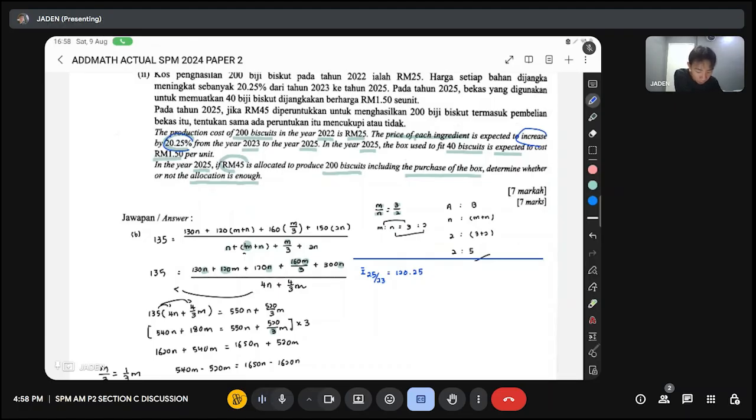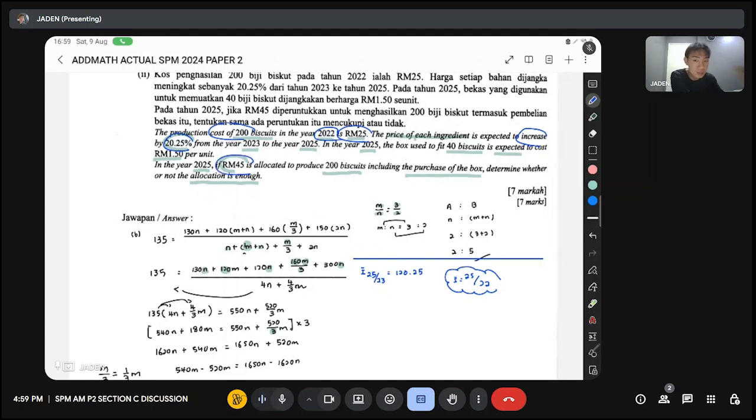The next thing is they are asking me whether the allocation is enough, right? I actually have to go and find out what is the 2025 based on 2022 composite index first. You know why? Because they only give me the cost in 2022. I have to go and find out the cost in 2025 first. If I don't have that, I couldn't even know whether my money allocated is enough or not.